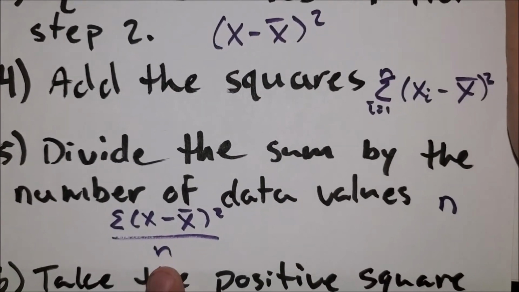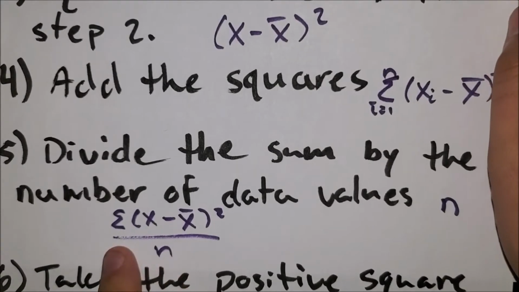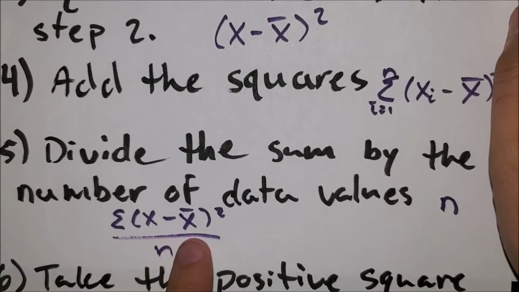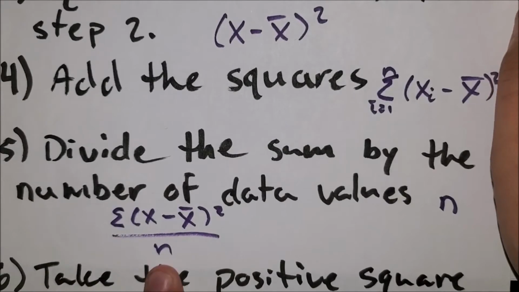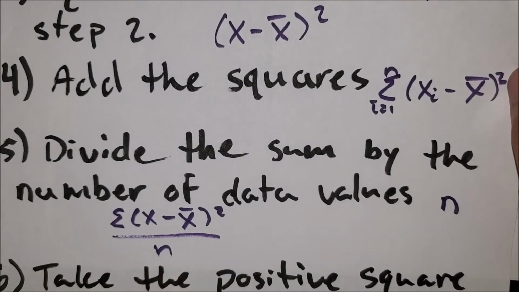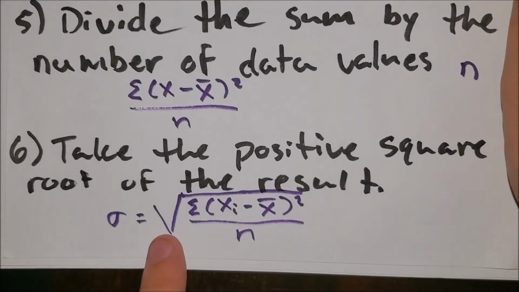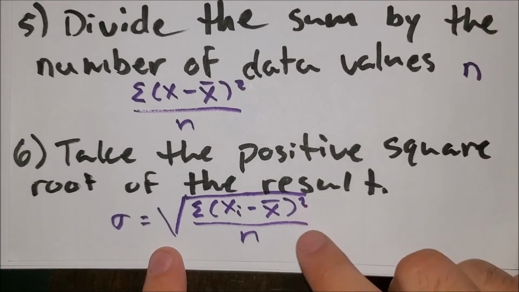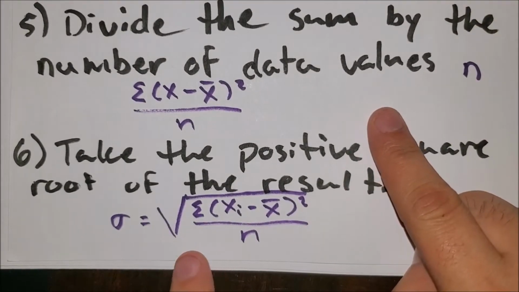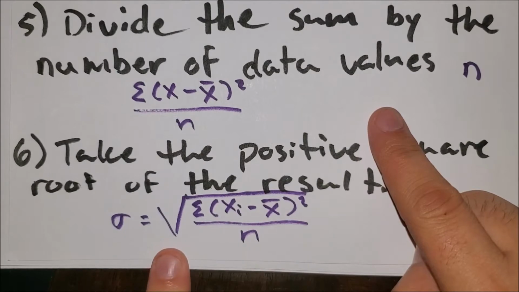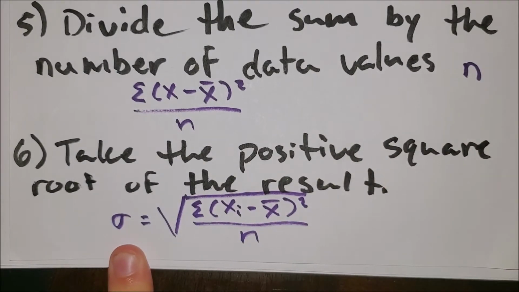So that will give us this, the summation of x minus x bar squared divided by n. The last step that we take is we take the positive square root of our result from this step up here, and we end up with this total equation here. Sigma is the symbol that we use for representing standard deviation of a population.